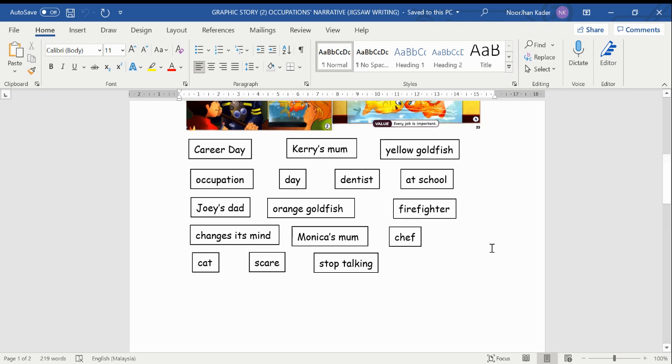Why is it only 16 words and phrases? Because some words or phrases will be used twice or maybe thrice. So that is why there are fewer words and phrases. I hope you understand that.